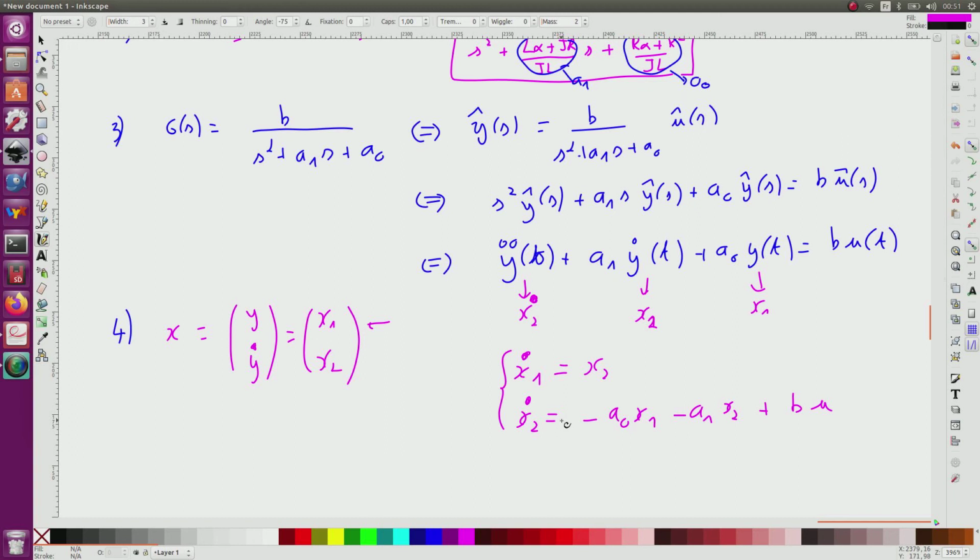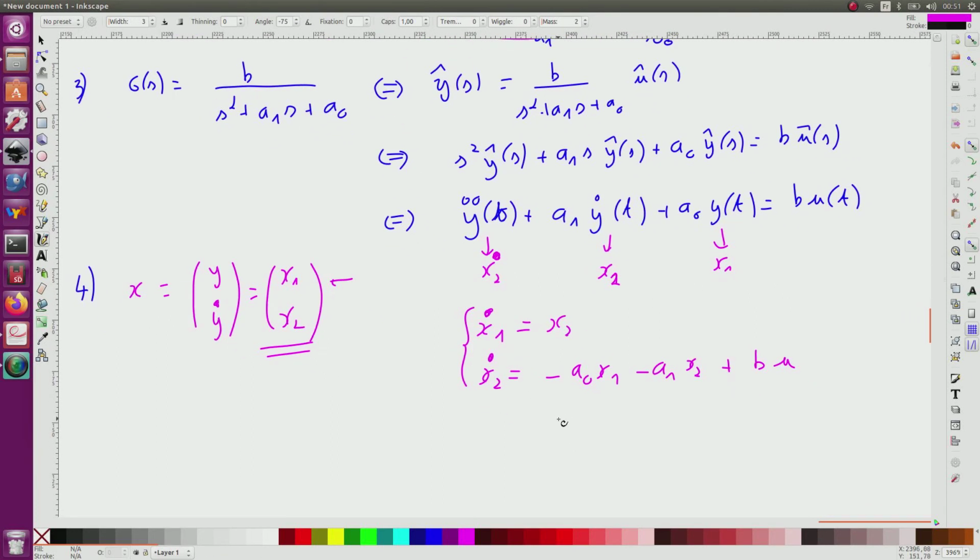So it is a state representation associated with this state vector, because I have obtained x dot as a function which depends on x, so x1, x2, and u, and this is what is required to have a state representation.